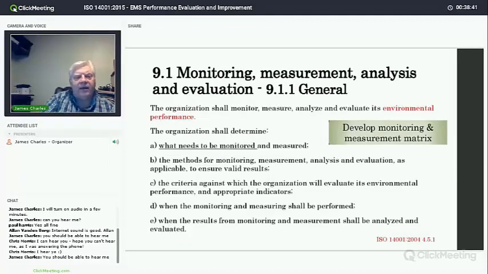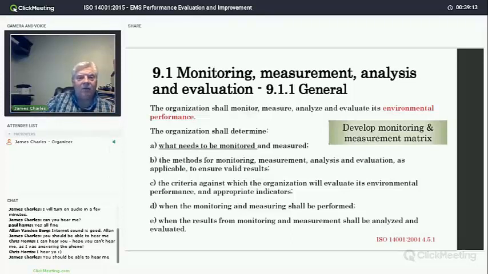So here we have the words from the standard. The first thing, it says the organization shall monitor, measure, analyze, and evaluate its environmental performance. And again, remember, when you hear the word performance, this is performance relative to our aspects. Now the old 4.5.1 monitoring and measurement said we had to monitor and measure the key characteristics of our significant aspects.